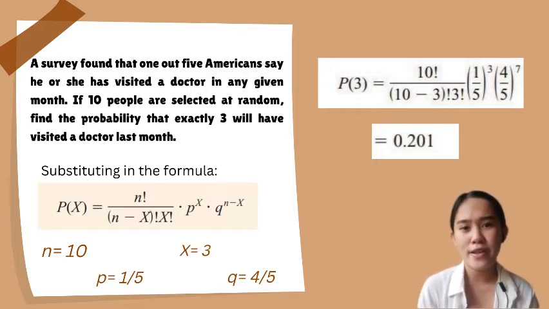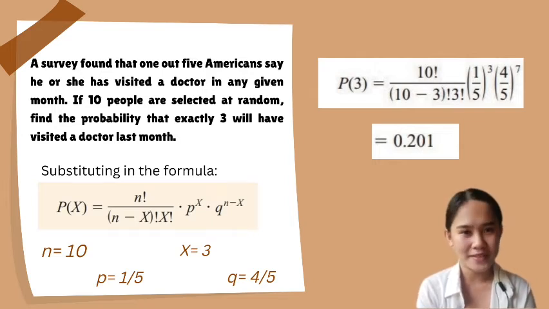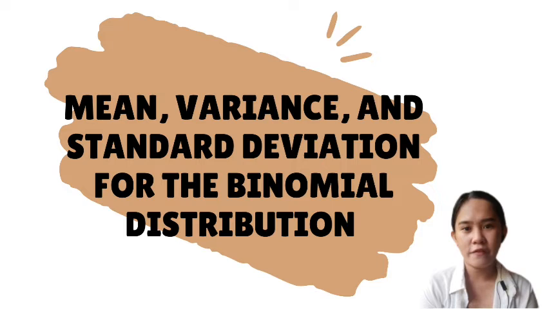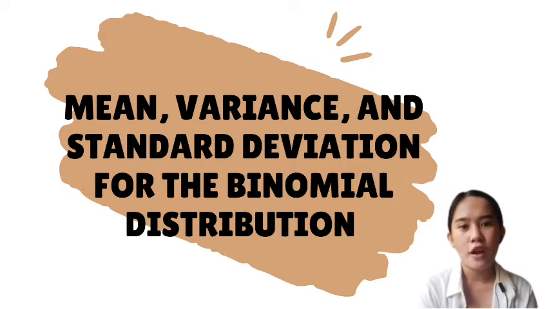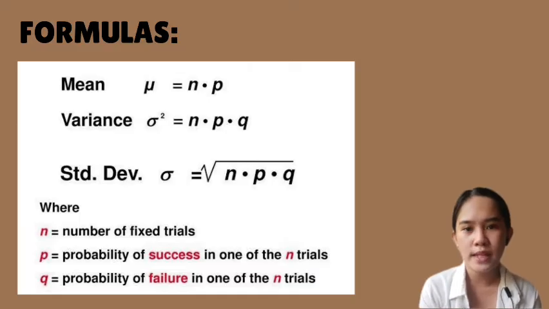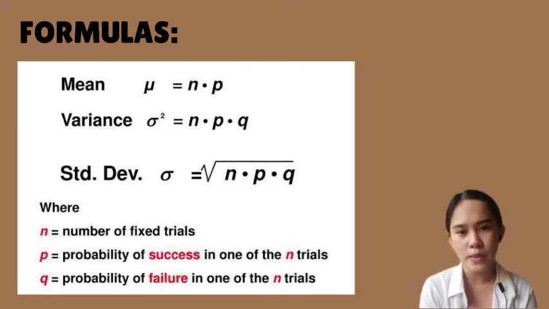Okay, I hope everyone understands my discussion so far, no? So let us move on to my next topic, the mean, variance, and standard deviation for the binomial distribution. The mean, variance, and standard deviation of a variable that has a binomial distribution can be found by using the following formulas. For the mean, it is equal to n multiplied by p.